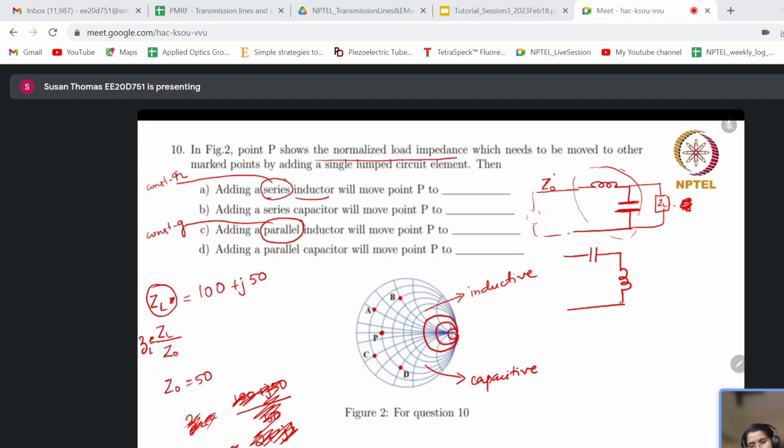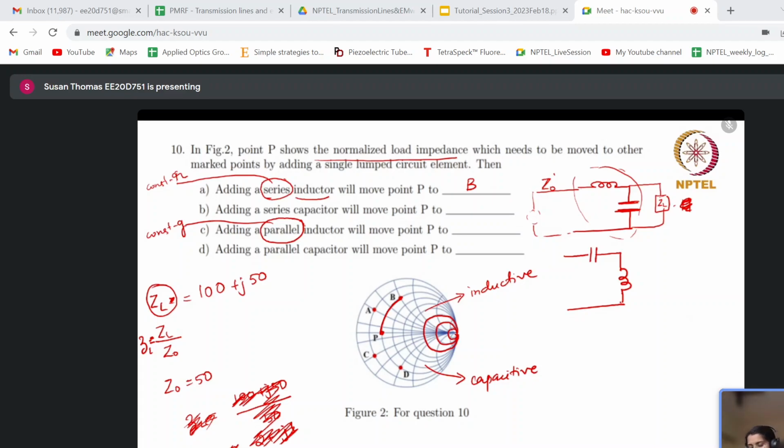So from point P, if you add an inductor in series, you will move along the constant R circle towards the upper half, because an inductor is added, that is towards point B. So the answer to the first is: adding a series inductor will move point P to point B along a constant R circle, towards the upper half of the Smith chart, because an inductor is added.